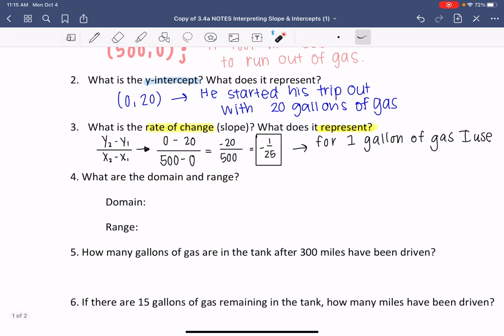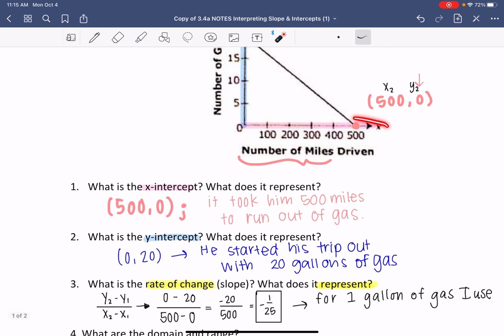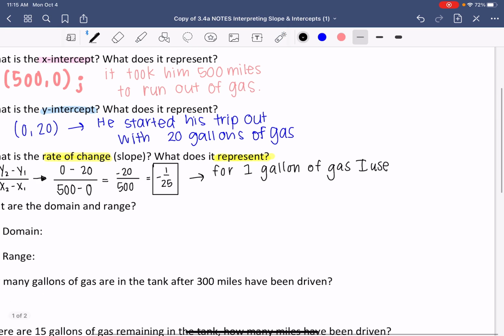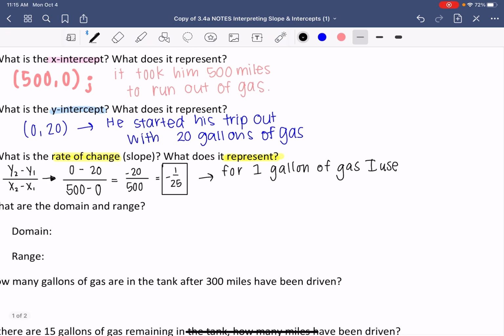For every 1 gallon of gas I use, well, 25 is our x's. So we look at our x-axis, and it's the number of miles driven. So for 1 gallon of gas I use, I drive 25 miles.